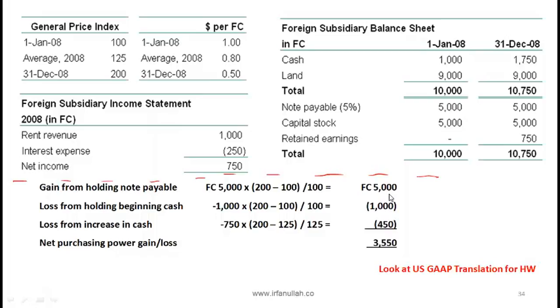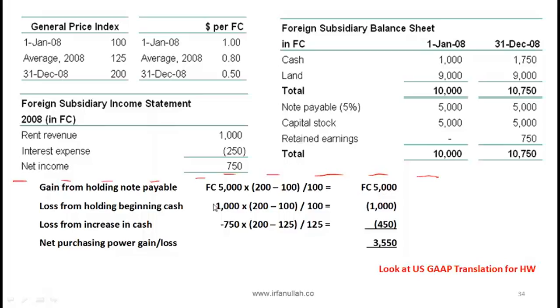I owe you 5000 rupees today. Now, 1 year later, let's say that the buying power of that 5000 rupees has become half. Or in other words, things that were worth 5000 are now worth 10,000. But I still need to give you 5000. So the gain in terms of buying power is 5000. So purchasing power gain is 5000.